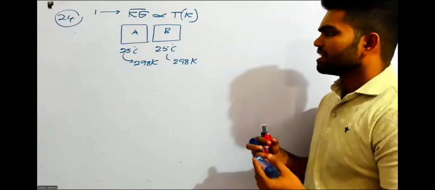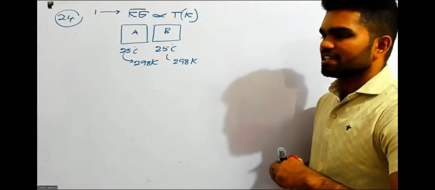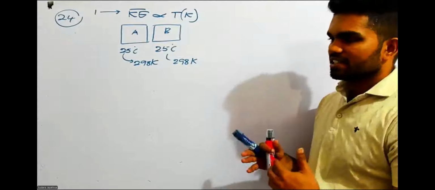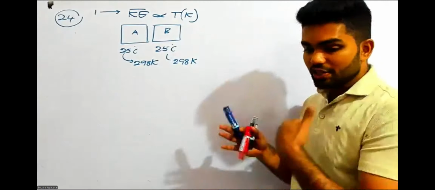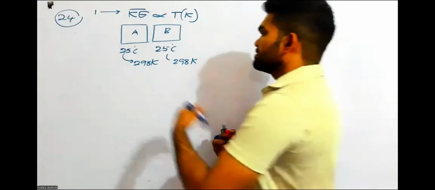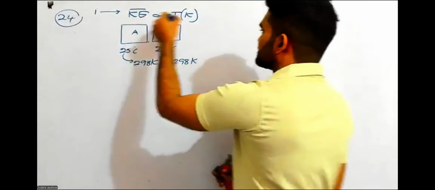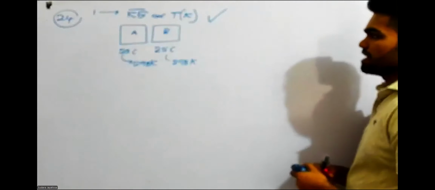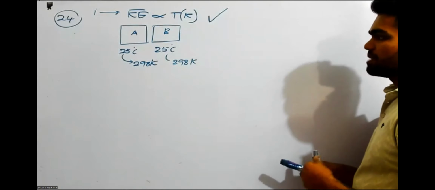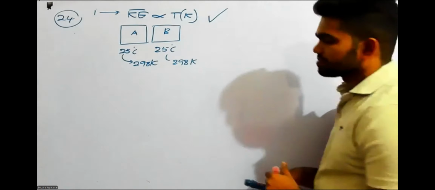It's okay to say same temperature. But when you are comparing, let's say you are going to check the value at a different temperature, then you must say absolute. Understood? So this first statement is correct. There's no problem with this one.